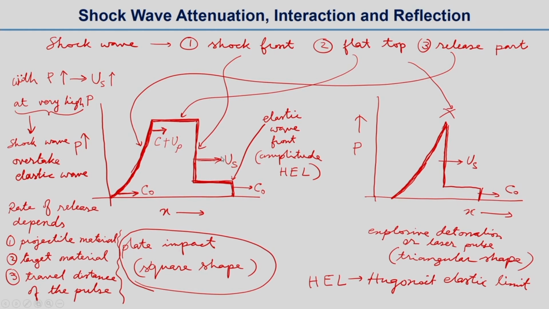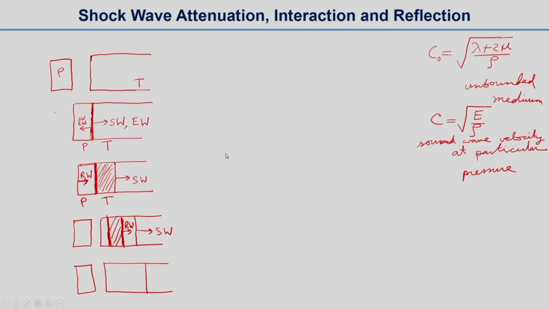So, C plus UP is the velocity of this portion, the velocity of the shock wave is US, and the velocity of the end portion of this wave is just C naught. So, here you should know that C plus UP would be higher than the US shock wave velocity.